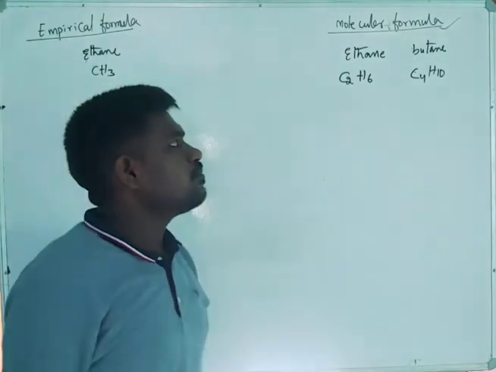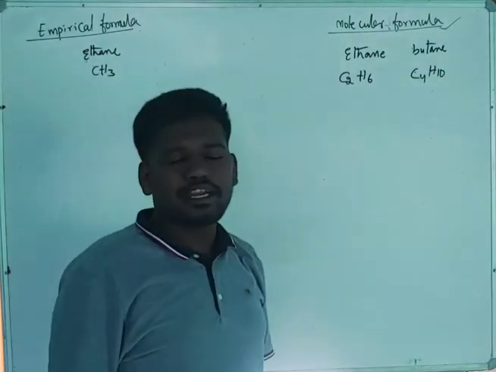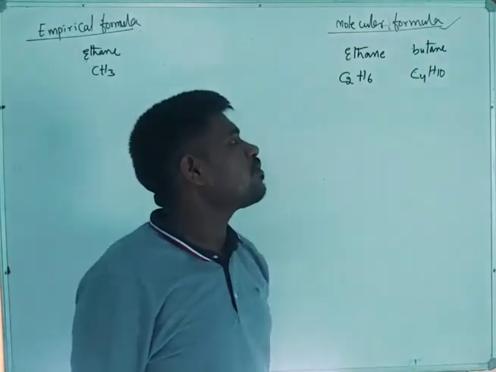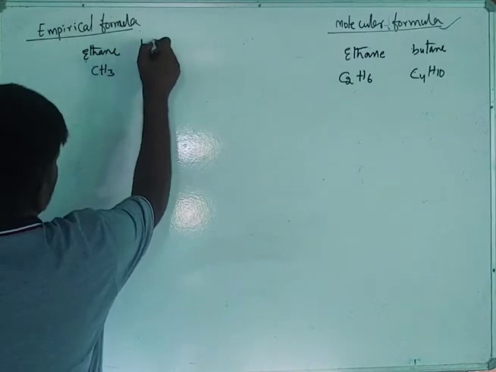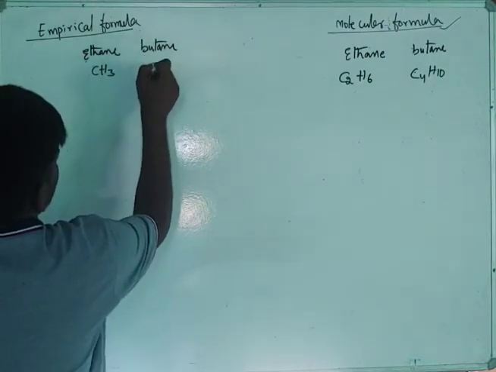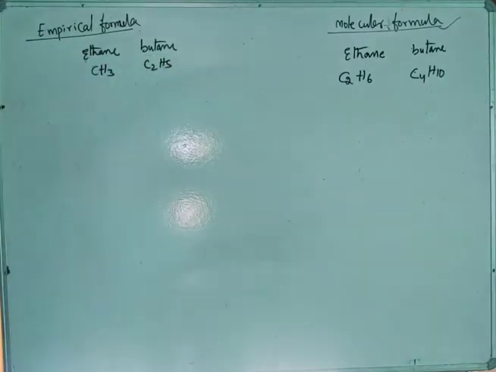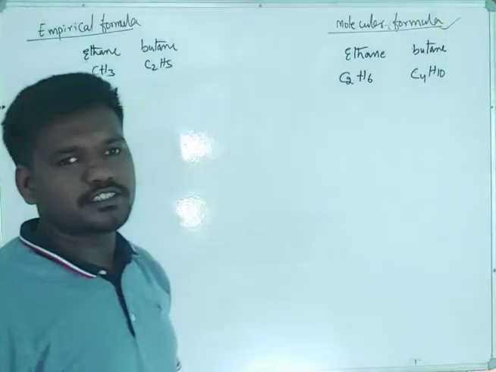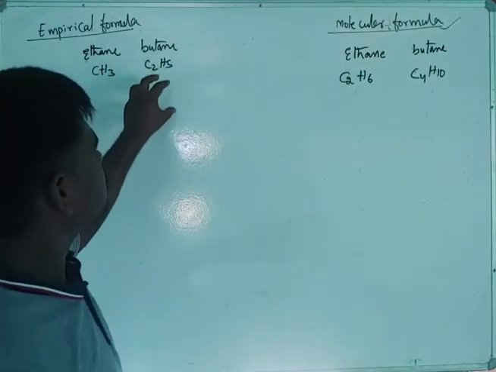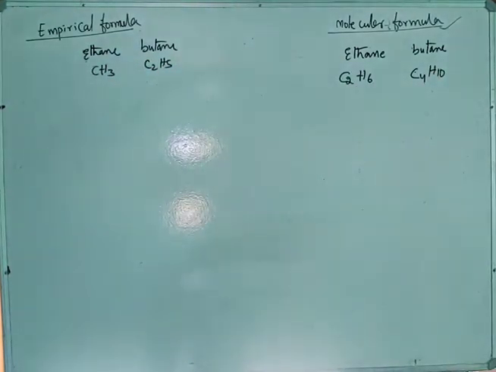In butane, I have mentioned all the atoms, which is the molecular formula of butane, and the butane empirical formula is C2H5. Now you see guys here, this CH3 is the simplest mole ratio of C2H6 and C2H5 is the simplest mole ratio of the atoms of C4H10.